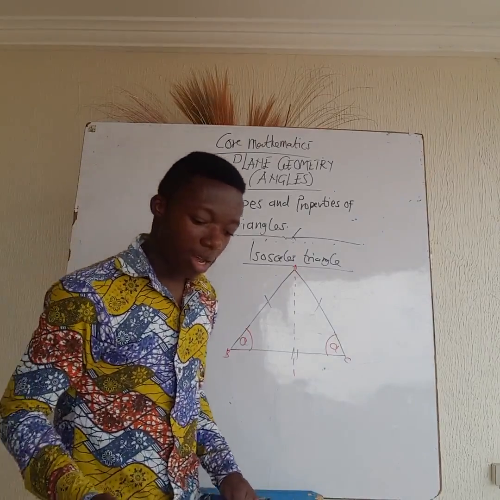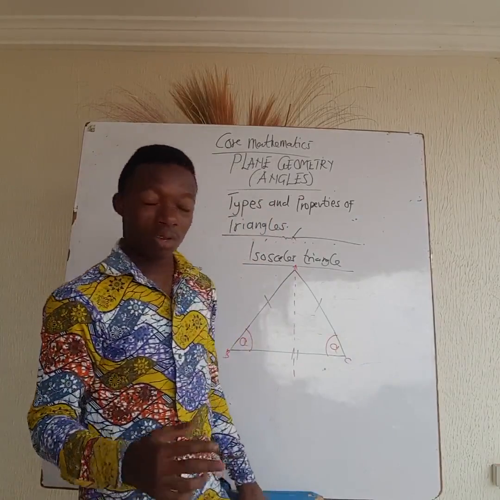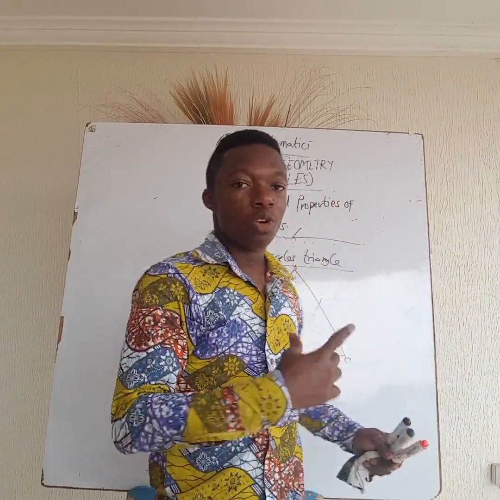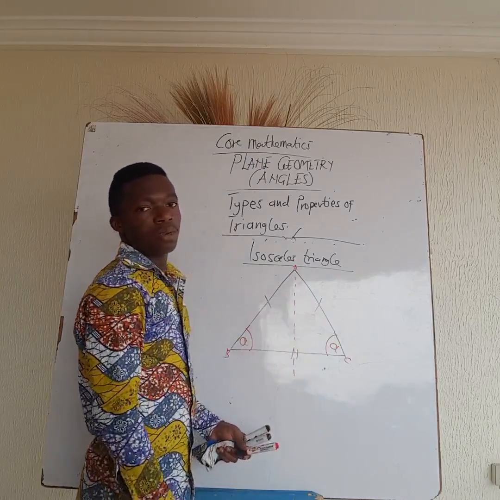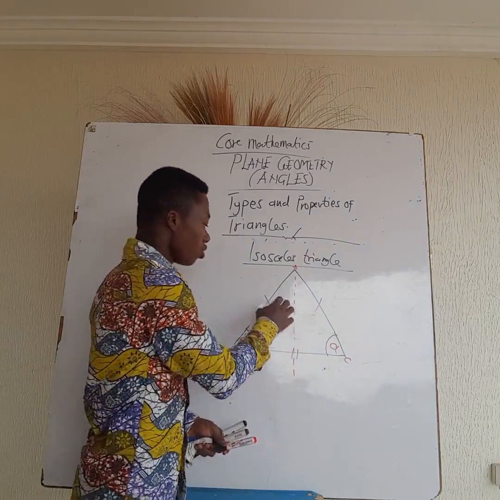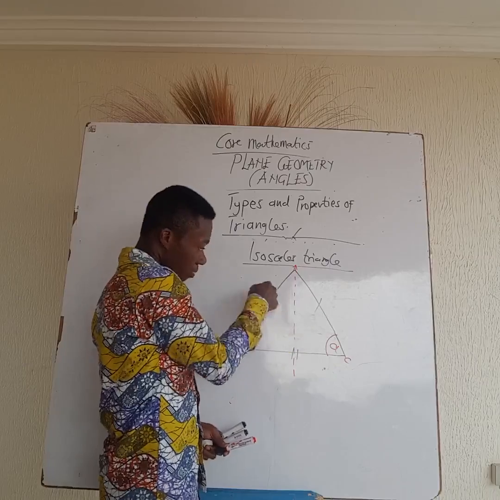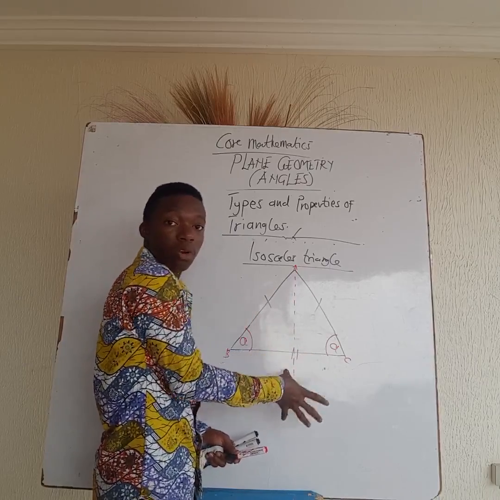Then also their rotational order. Let's see whether they have rotational order. We say rotational symmetry is where once you rotate the object, at the end of the rotation, you get the same shape as the original shape that you have. But you can see that once you rotate this, you don't get the original shape. If I rotate this, let's say 90, here will be on this side. Well, it can fit, but this side cannot fit this because they are not equal.